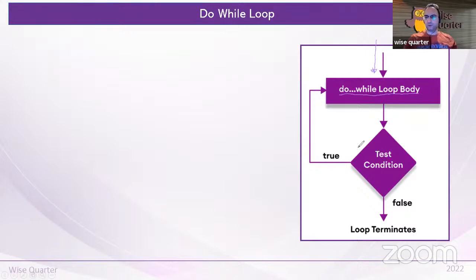If it is true, the loop body will be executed again. After the loop body execution, it will check the condition one more time. And as long as the condition is true, the loop will be executed. When the condition is false, the loop will be terminated.